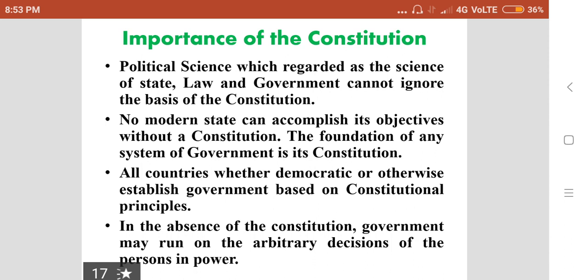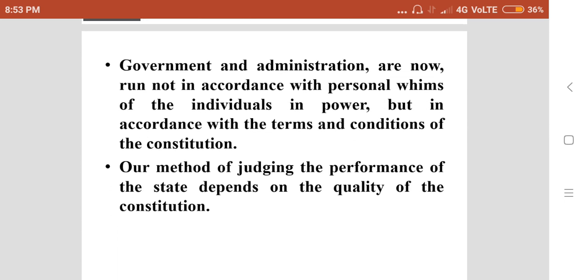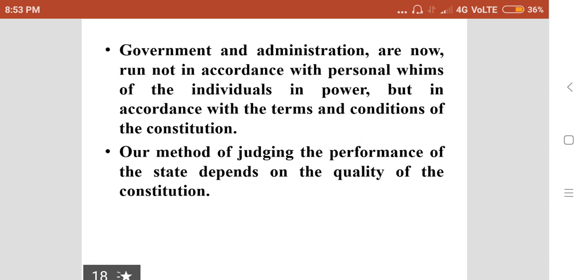In the absence of the constitution, government may run on the arbitrary decisions of the persons in power. Government and administration are now run not in accordance with the personal whims of the individuals in power, but in accordance with the terms and conditions of the Constitution.